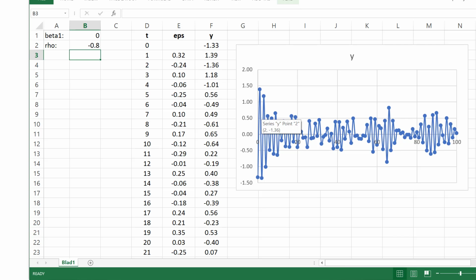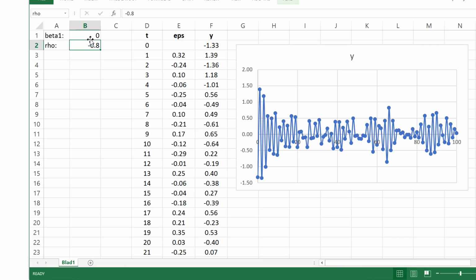Now, this is really, really uncommon to observe for economic data, and negative values for rho are really uncommon. Let's continue our investigation into the AR1 process by looking at the effect of beta 1.